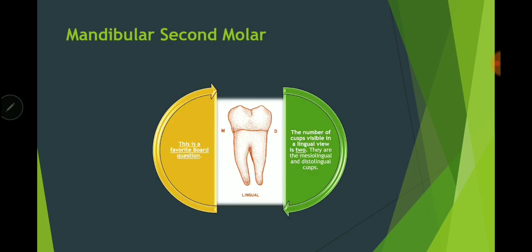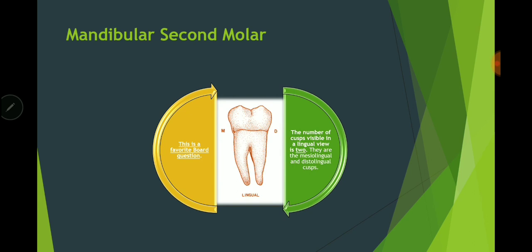So, mandibular second molars. This is another favorite board question. The number of cusps visible in the lingual view is only two: the mesial lingual and the distal lingual.